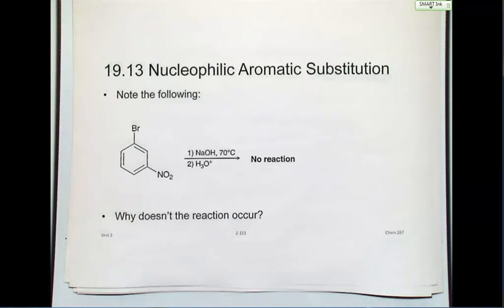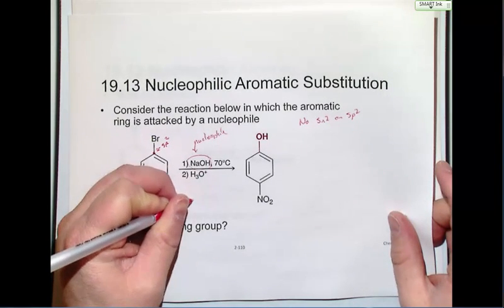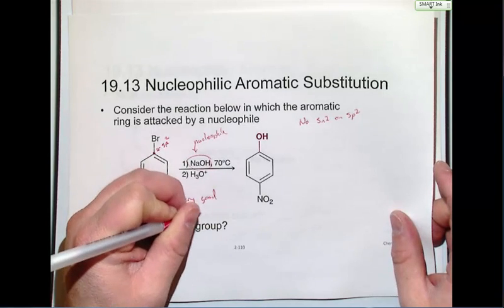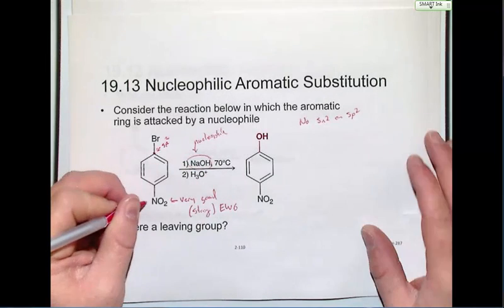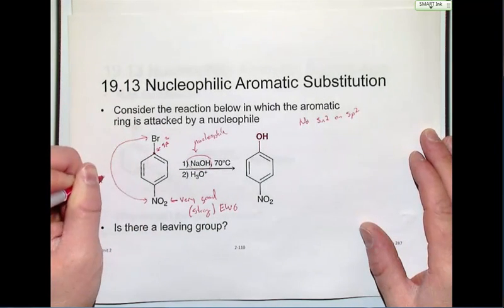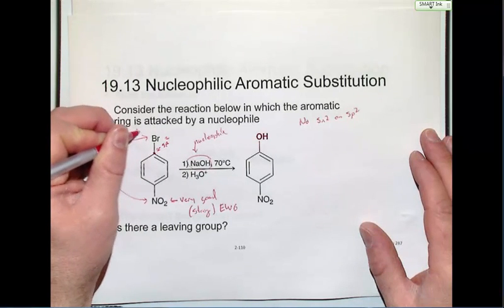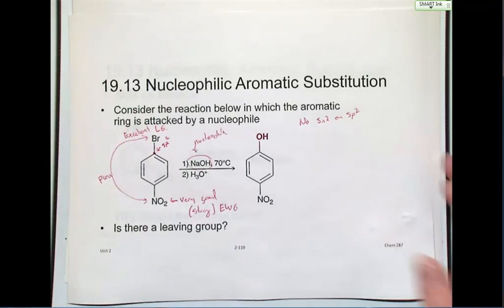Okay. So the requirements for this reaction to happen, we have to have a very good or a strong electron withdrawing group that is para to an excellent leaving group. Okay, like bromine.